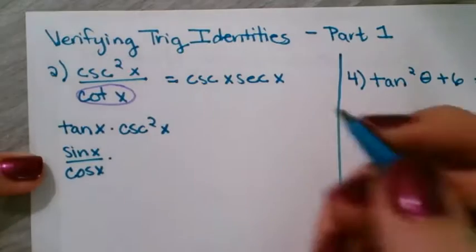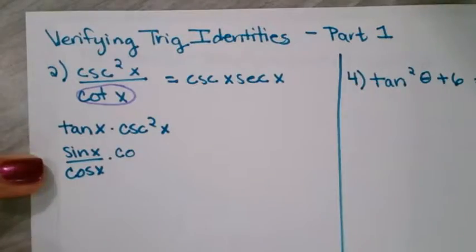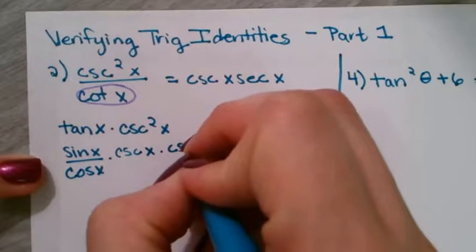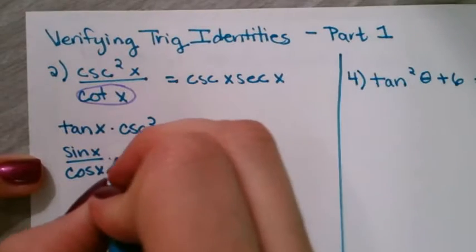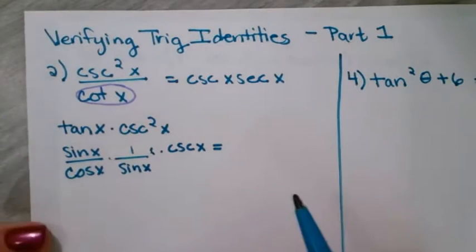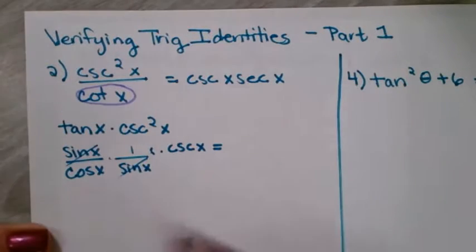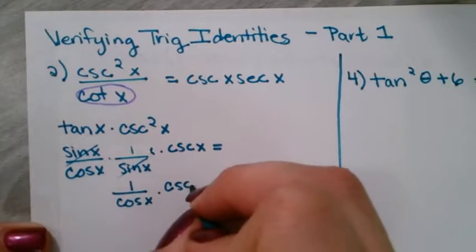I also know that cosecant squared x is the same thing as cosecant x times cosecant x, right? Well, this cosecant can be rewritten as 1 over sine of x. And from there I can see that those two factors of sine are going to cancel. So I've got 1 over cosine x times cosecant x.